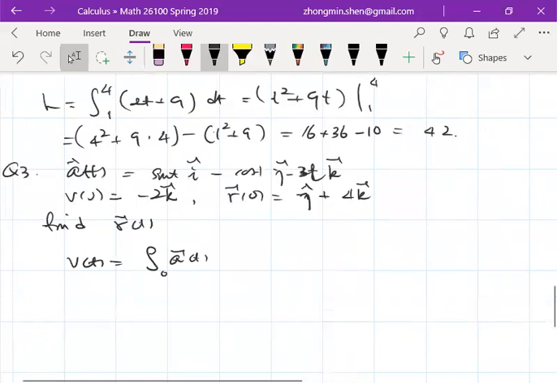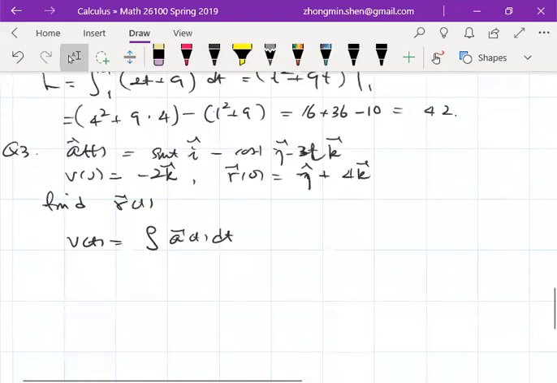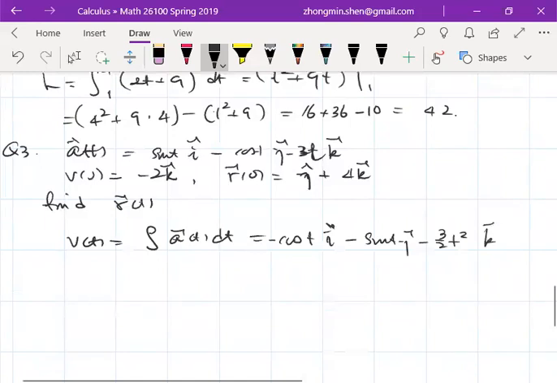So the integral of sine t is going to be cosine t i. The integral of negative cosine t is negative sine t j, and this will be 3 over 2 t squared k.